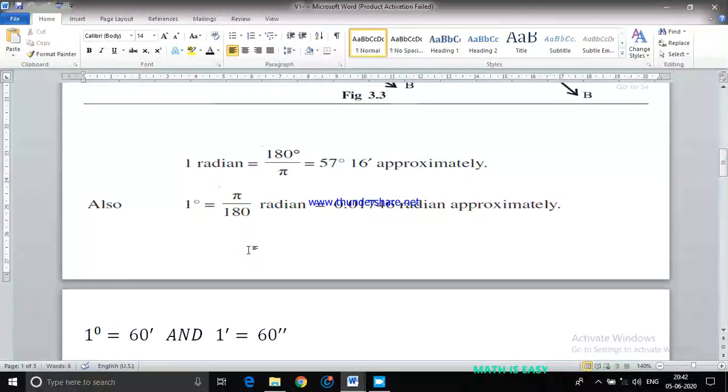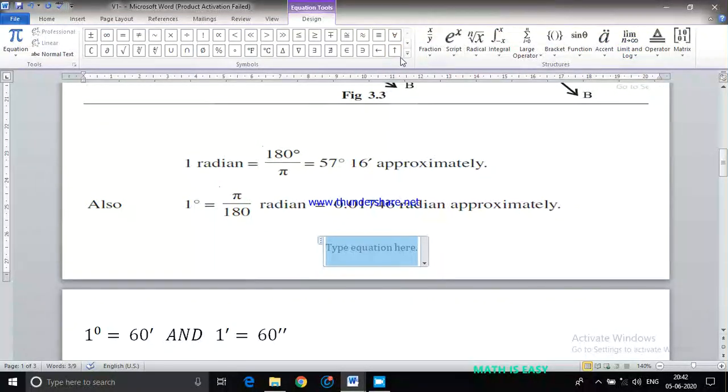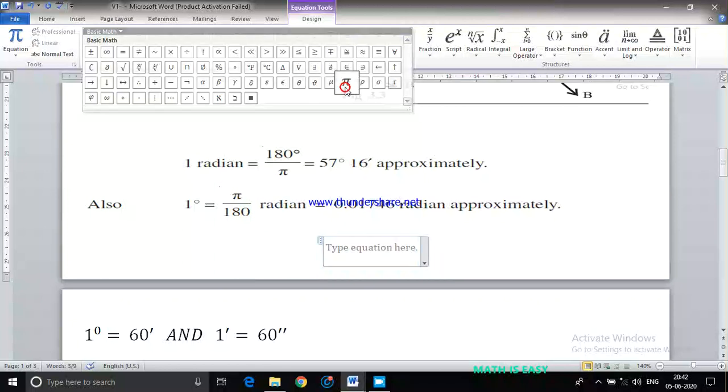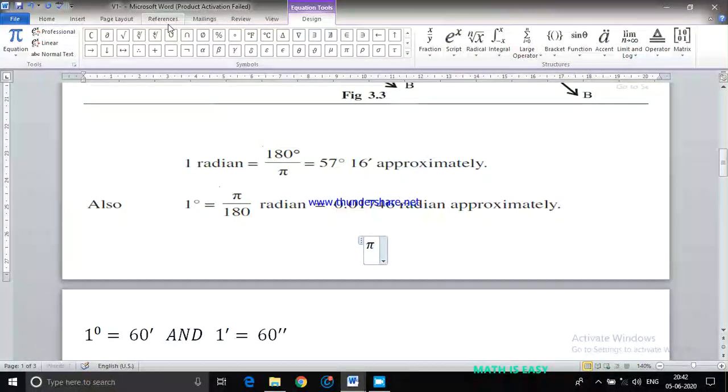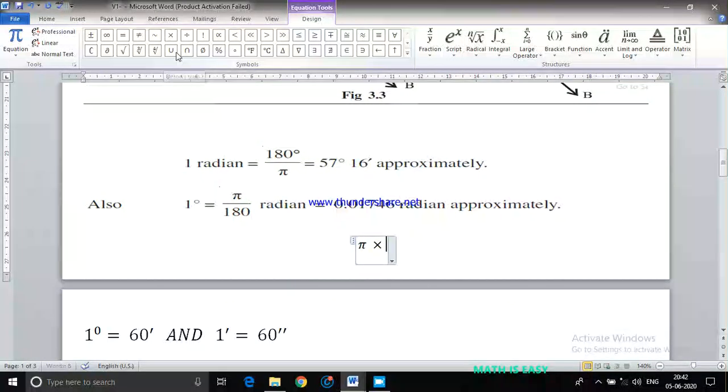Or maybe you can write here, let me insert one thing. Pi into 1 radian equals to 1 degree into 180.